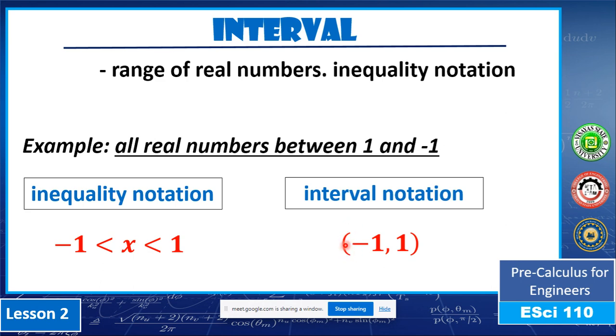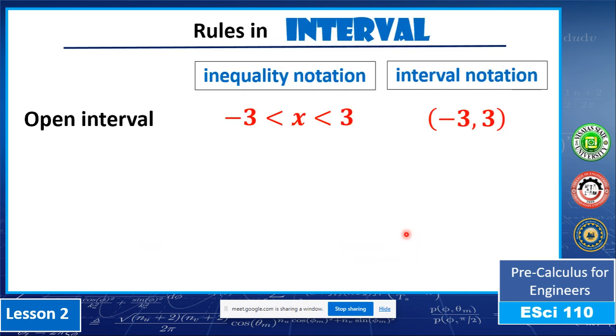So for strict inequalities, you use parentheses. For non-strict, we'll talk about that later, but a clue is that for non-strict inequalities, where those numbers are included, you are going to put a bracket, not a parenthesis. So we have rules for interval. The first rule is the open interval.